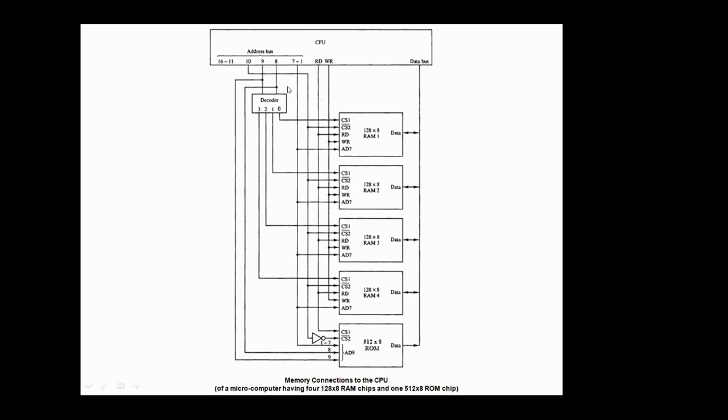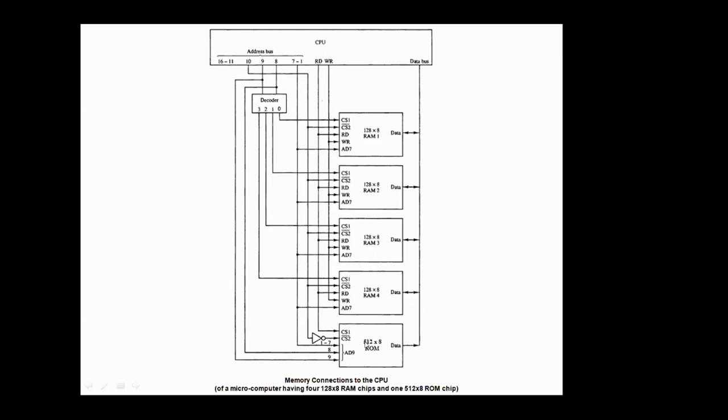So when the 10th bit is 0, RAM will be selected by this 10th bit, and if it is 1, then we can see here is a NOT gate which will convert this 1 into 0, and by this 0 ROM will be selected.